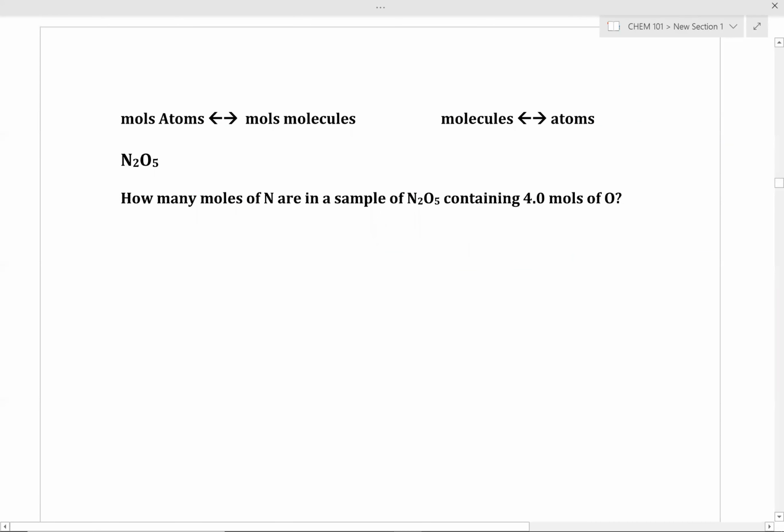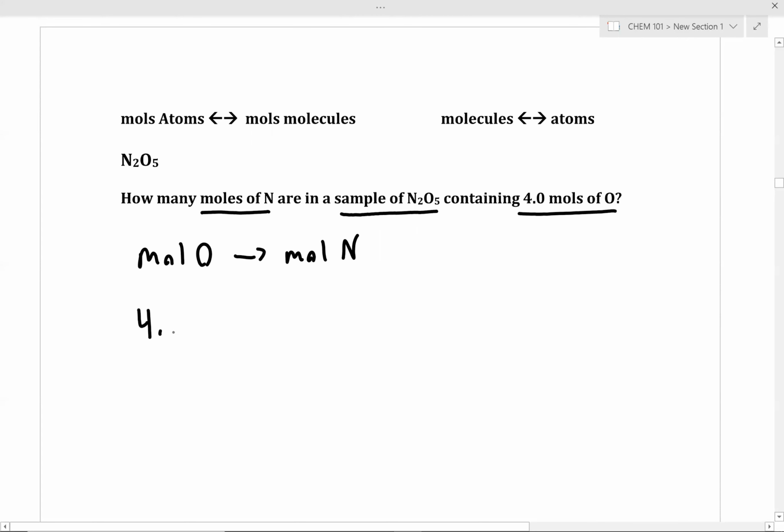So, for example, I can ask you how many moles of nitrogen are in a sample of N2O5 containing 4 moles of oxygen. You can do it in a 1-step or 2-step method. So we're going from moles of oxygen to moles of nitrogen.